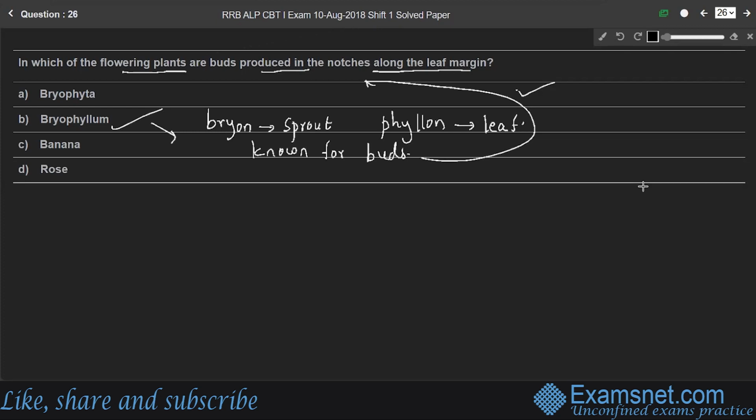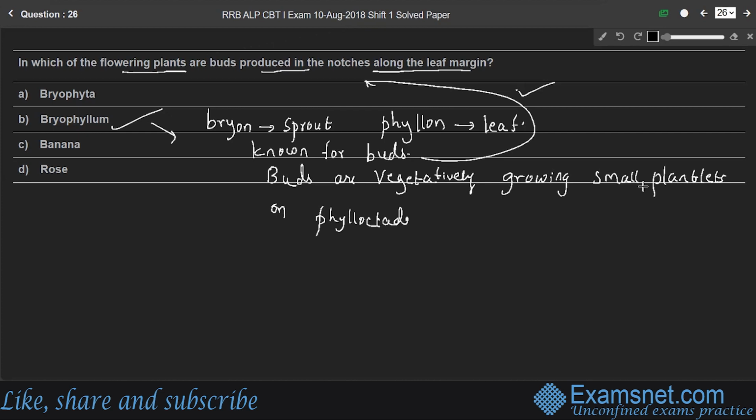Therefore, the buds produced in the notches are vegetatively growing small plantlets on phylloclade margins and tips, right?